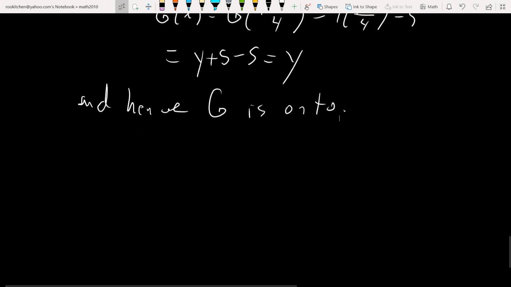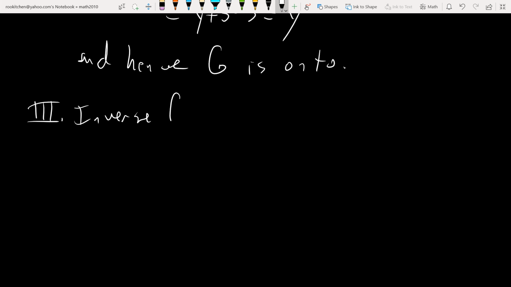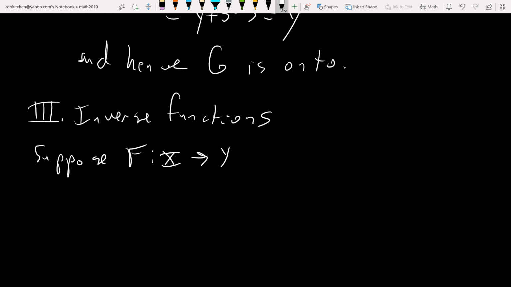Finally, if you could show that something is one-to-one and onto, it's invertible. So, inverse functions. Suppose big F from X to Y is a one-to-one onto function, which they sometimes also call one-to-one correspondence.